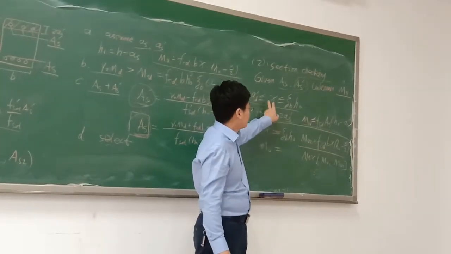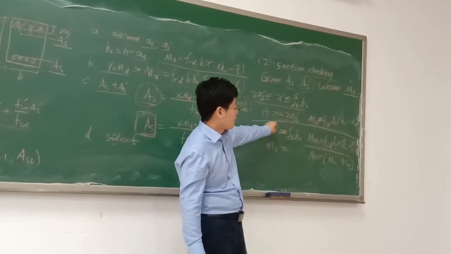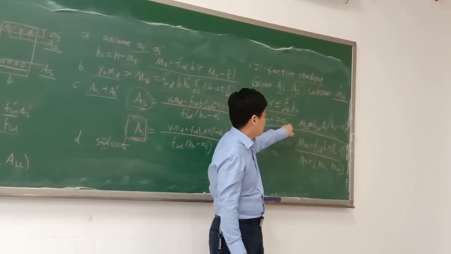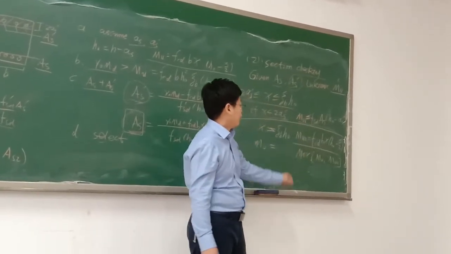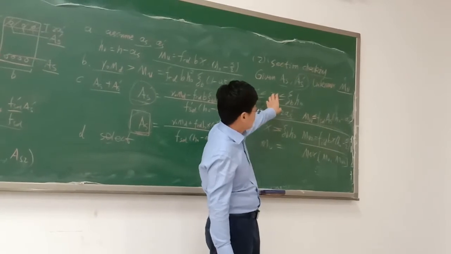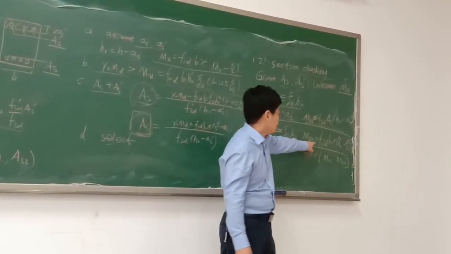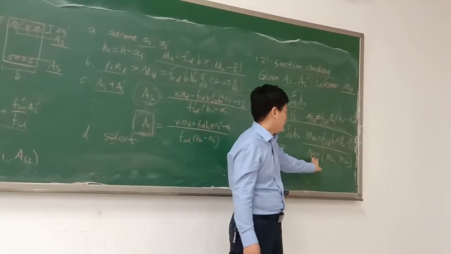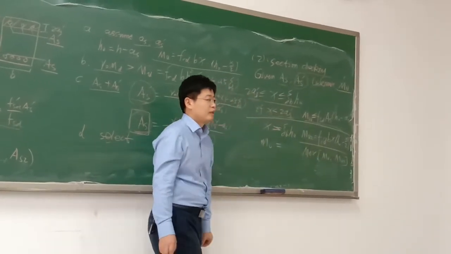If x is smaller than 2 times a_s prime, then we can use x equal to 2 times a_s prime, get this mu1, and then use the single reinforcement beam equation to get mu2. Compare these two and take the larger one.